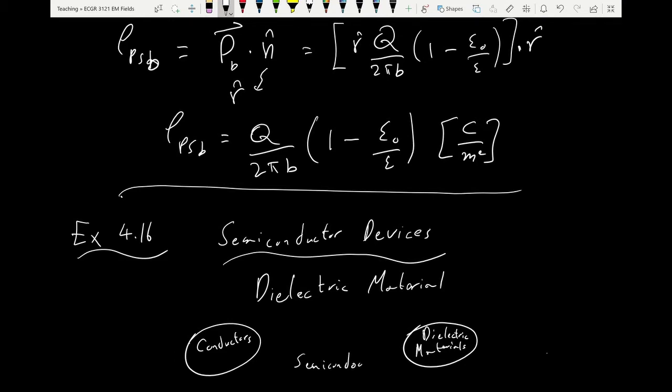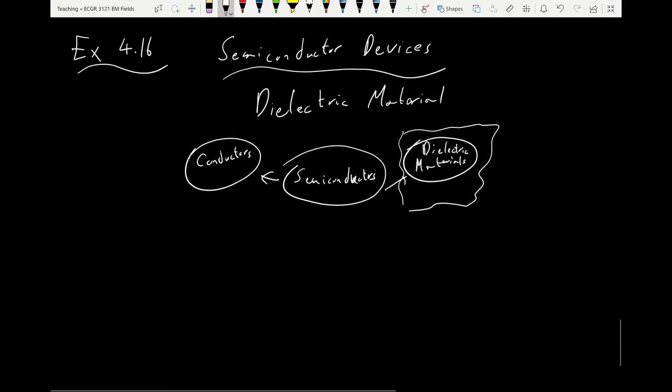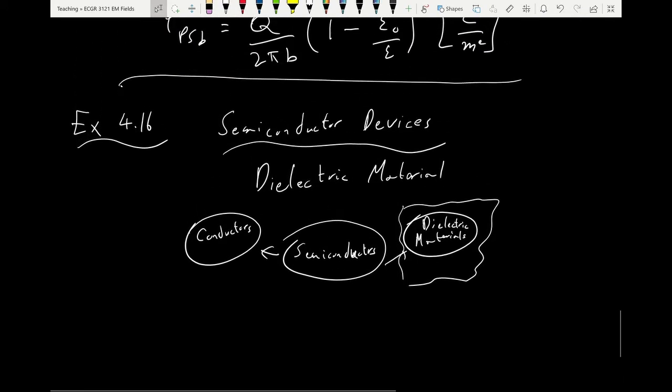Under some conditions, they act like conductors. Under other conditions, they act like dielectrics. In this example, we are concerned with their properties as dielectrics, with their capability of providing insulation.